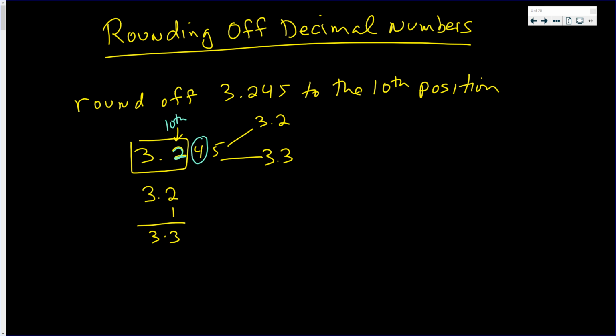If that number is 5 or above, add the 1. That is, round up. If it is not 5 or above, that is, it's below 5, and 4 is below 5, just keep the 3.2 as the answer.